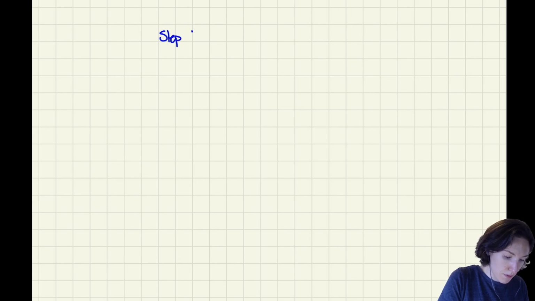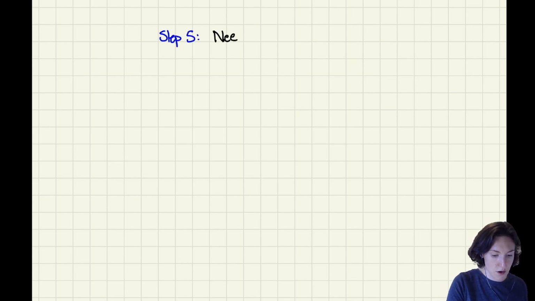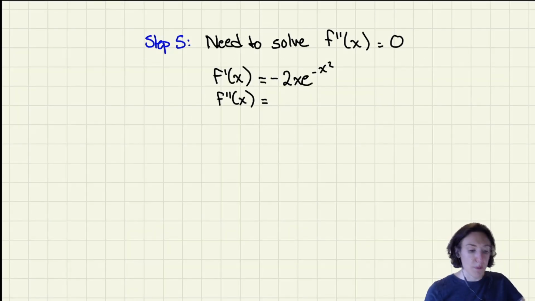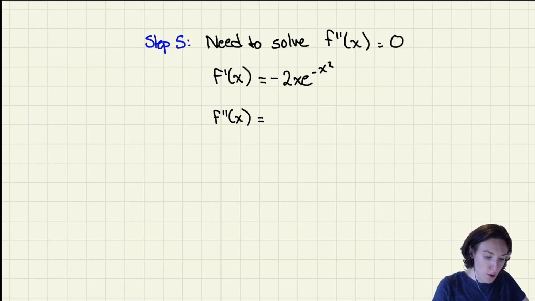Step 5. So now what we need to do is we need to solve f double prime of x is equal to 0. This will give us our points of inflection. F double prime. So here's our derivative, where our first function is negative 2x, and then the second function is our e.